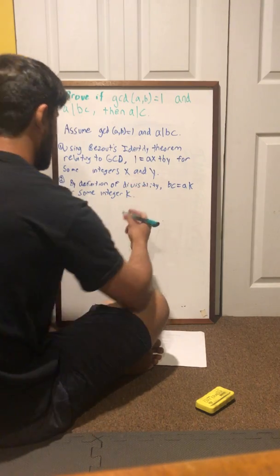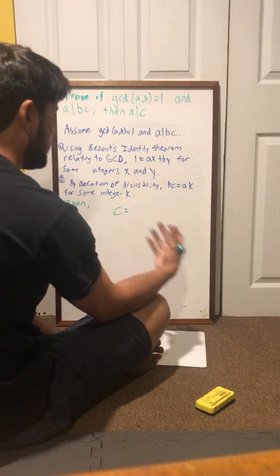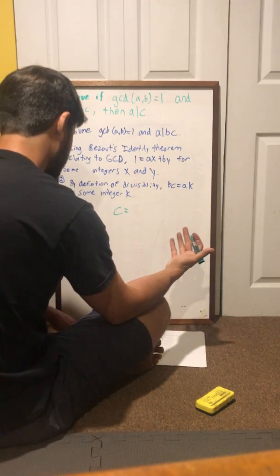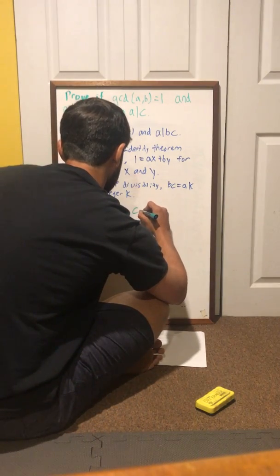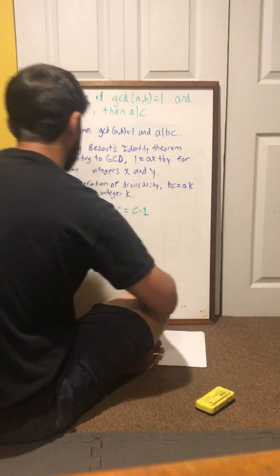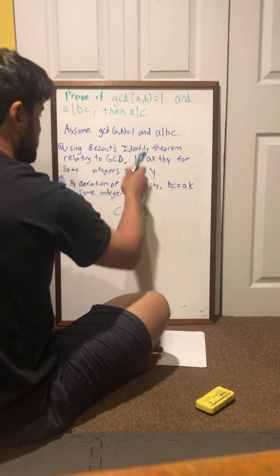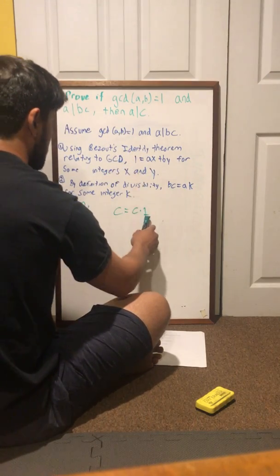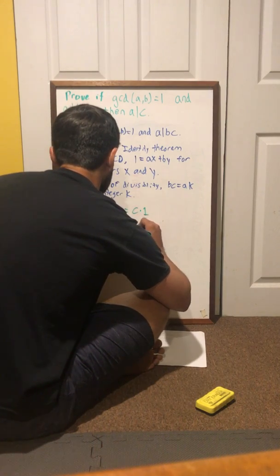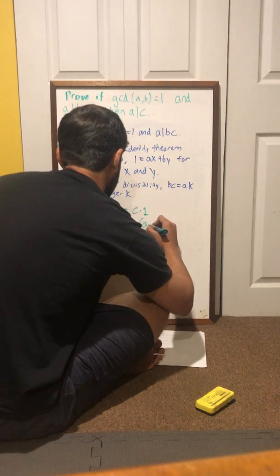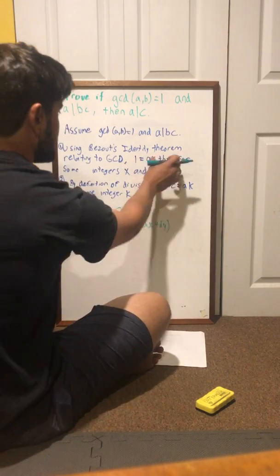So when we're going through this proof, we're first going to say C, and we know by multiplicative identity that C equals C times 1. Using substitution, we know that 1 equals ax plus by. So C equals C times ax plus by. That's just by substitution.